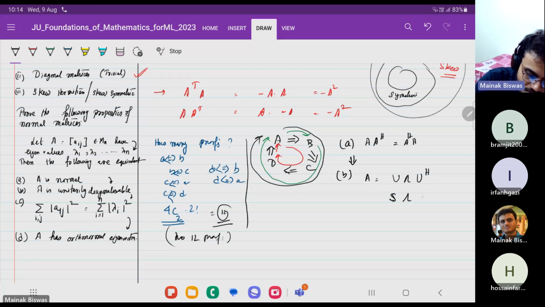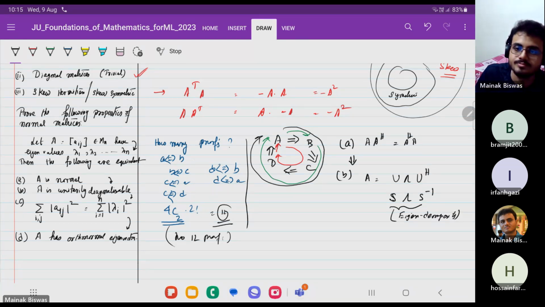Can you tell me where? What are these? What does this mean? It's a similar matrix. Similar, yes, but it's a special type of similar matrix. This is eigenvalue, eigenvector decomposition, right? Eigen decomposition.